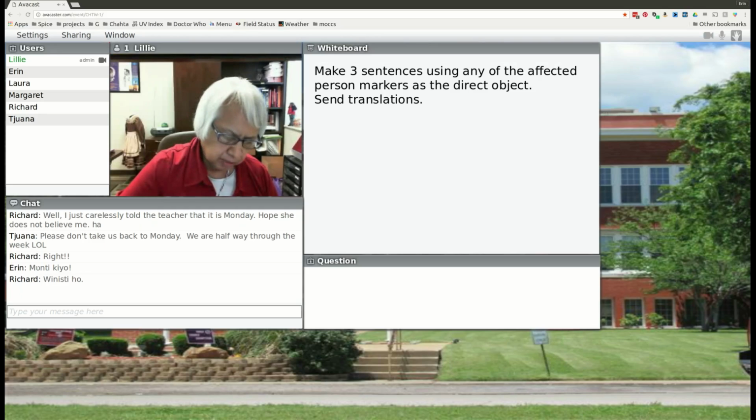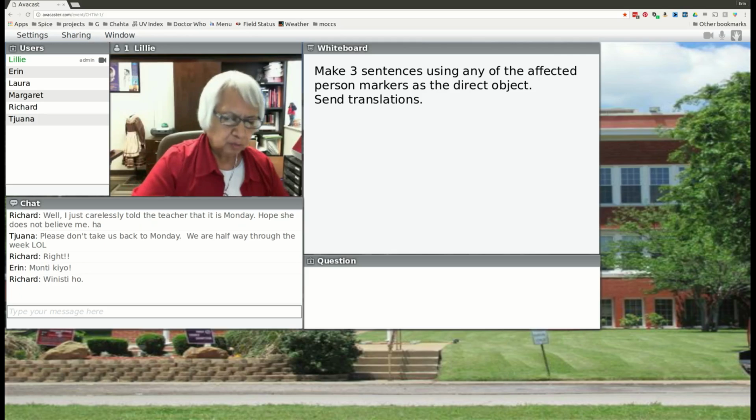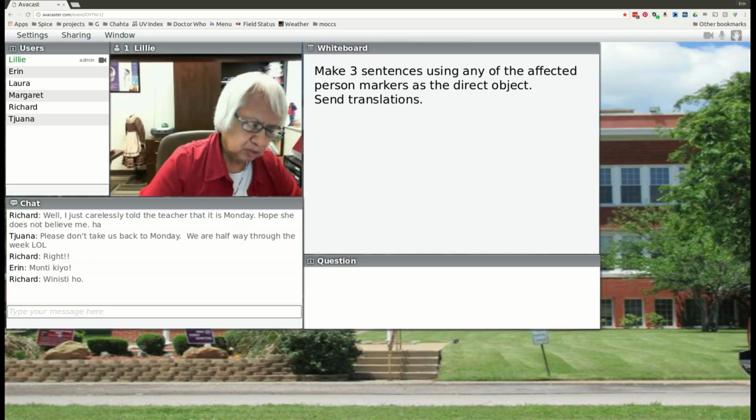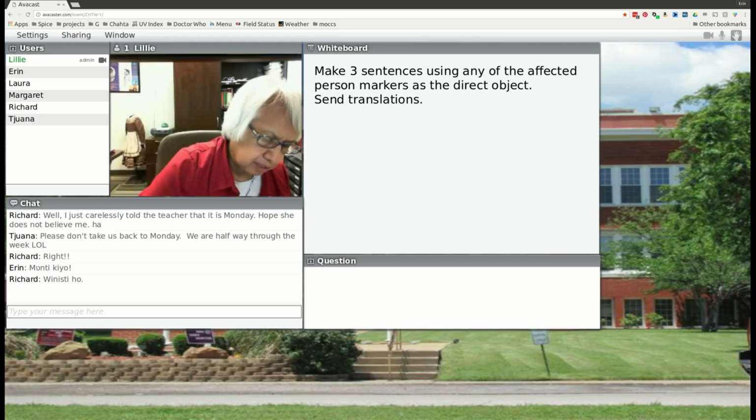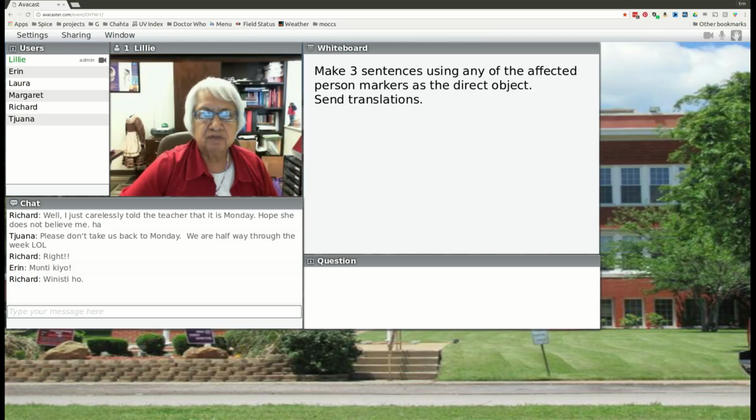To use the same one is okay, but maybe you're not comfortable in writing sentences that are going to show me that you can do this and that you're comfortable in making these sentences using different ones and not using the same one each time you make a sentence.